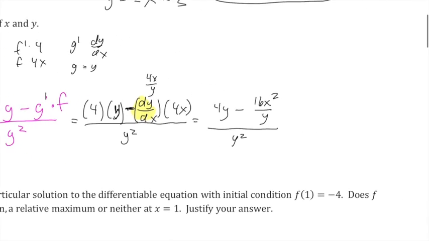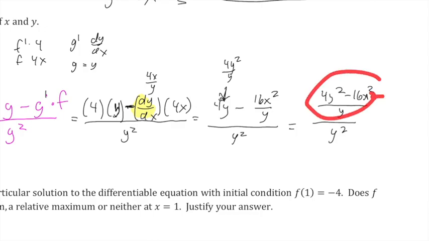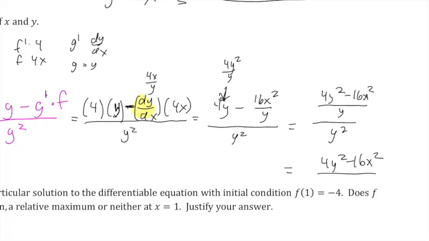If we get common denominators, we change 4y into 4y squared over y. So on the numerator we'll have 4y squared minus 16x squared over y. Then one final step: moving this outside, my final answer will be 4y squared minus 16x squared over y cubed. And there is the second derivative.